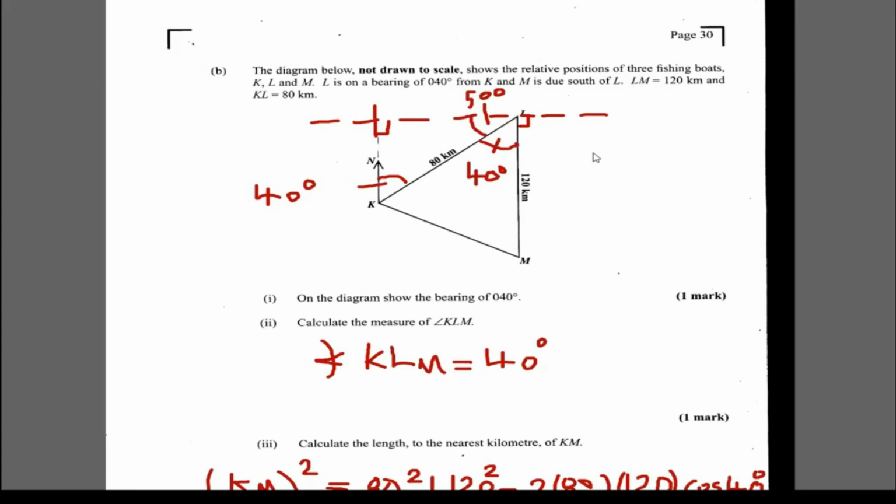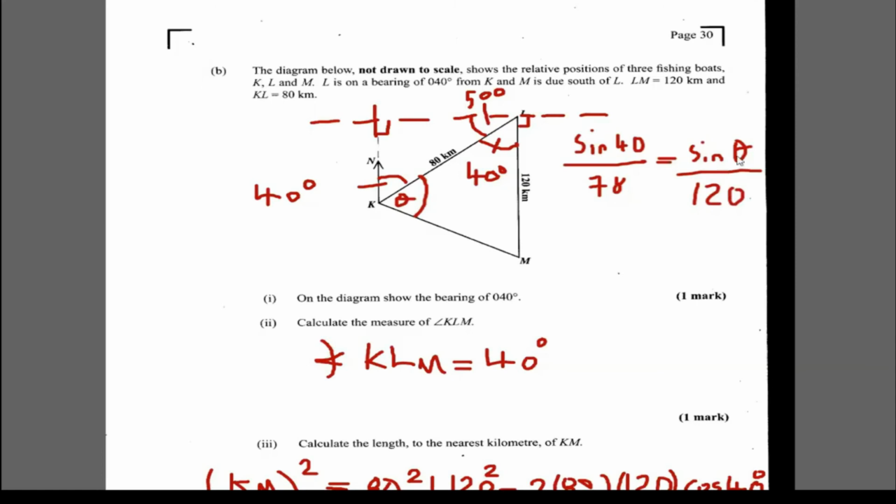So using the sine rule, sine of 40 over this KM, 78, is equal to sine theta over 120, where theta is the angle LKM.